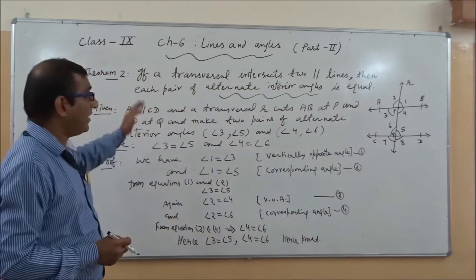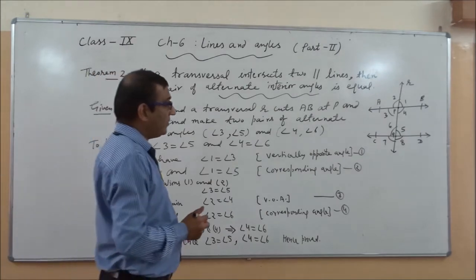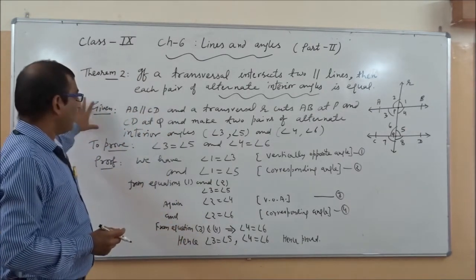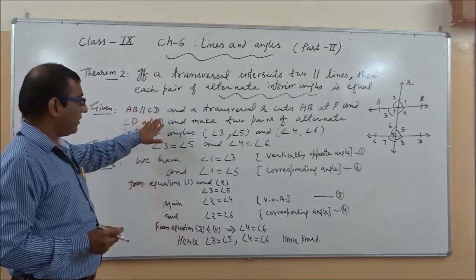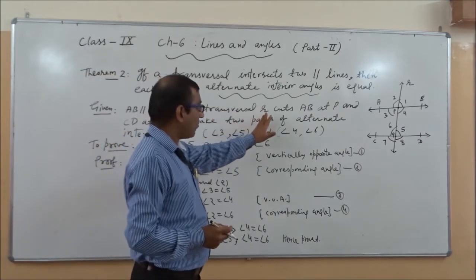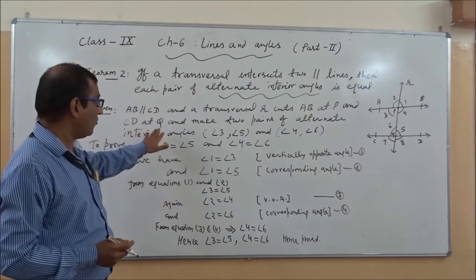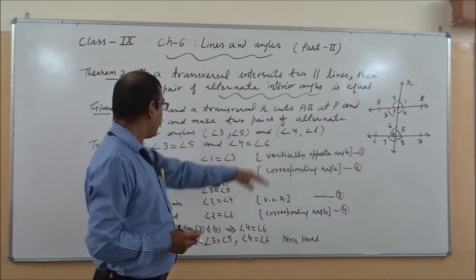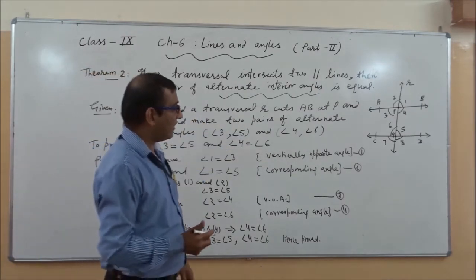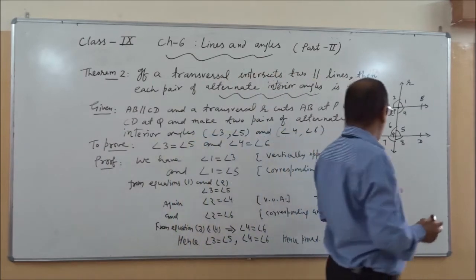So how can we say that these alternate interior angles are equal? What is given to us is that AB is parallel to CD and a transversal r cuts AB at P and CD at Q and makes two pairs of alternate interior angles, that is angle 3 and angle 5, and angle 4 and angle 6.